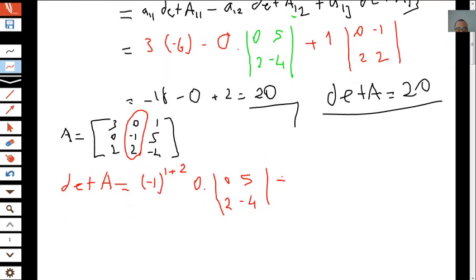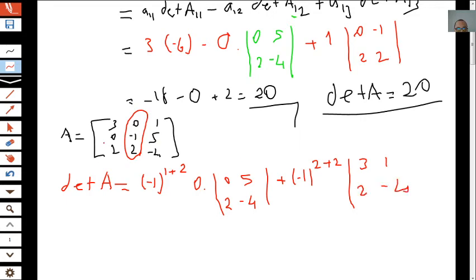Plus -1 to the power for -1, which is the second entry in the second column. It is in the second row and in the second column, therefore we write 2 plus 2 for the power, and by cancelling the second column and second row, the remaining numbers are 3, 1, 2, -4.